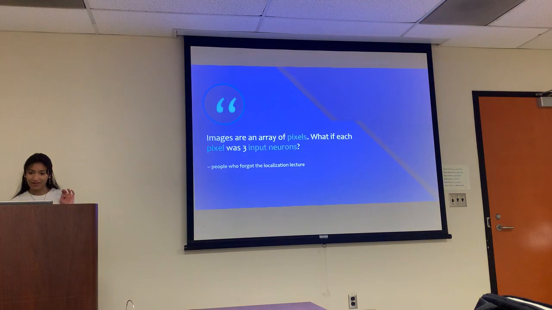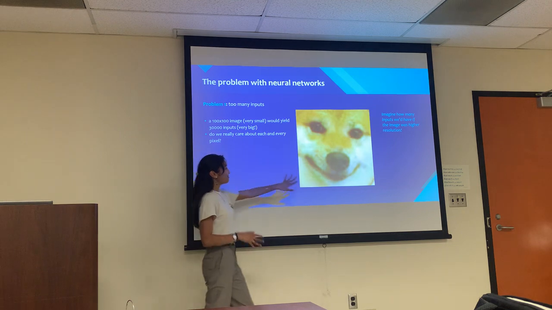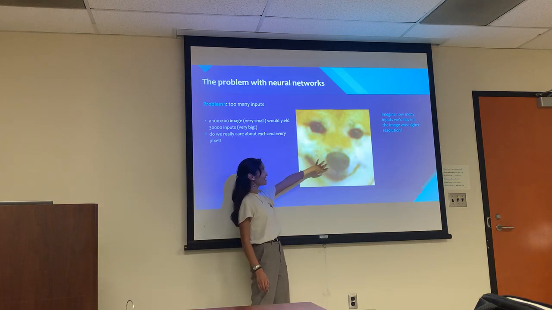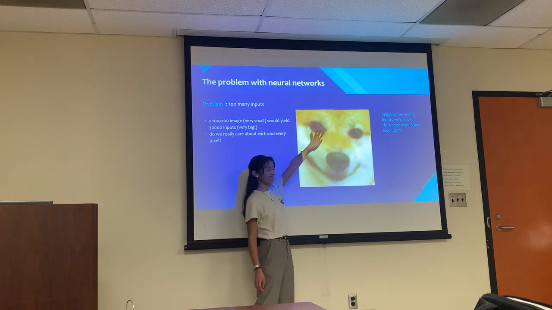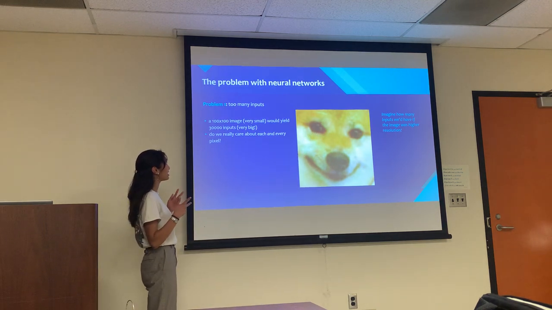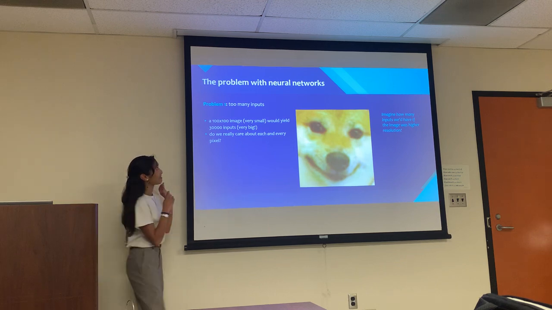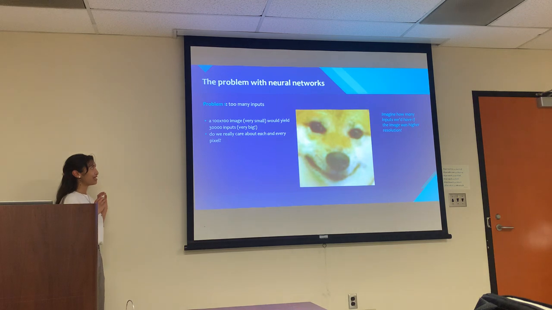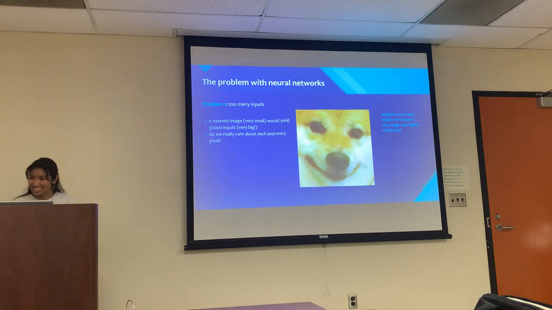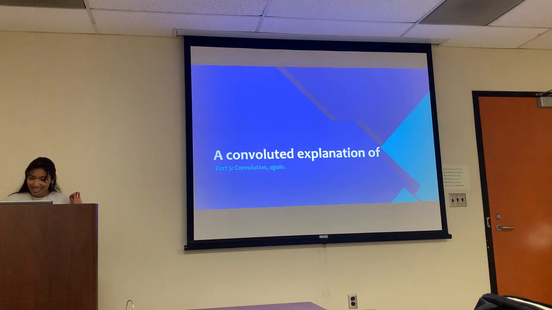For an image, for example, the pixels in this nose aren't particularly related to the pixels in this eye. So it's not super helpful to consider them all as fully connected. We don't actually care about each and every pixel, and thinking about it as such would be a lot of inputs. And yes, we can make it faster if we have fewer of these.